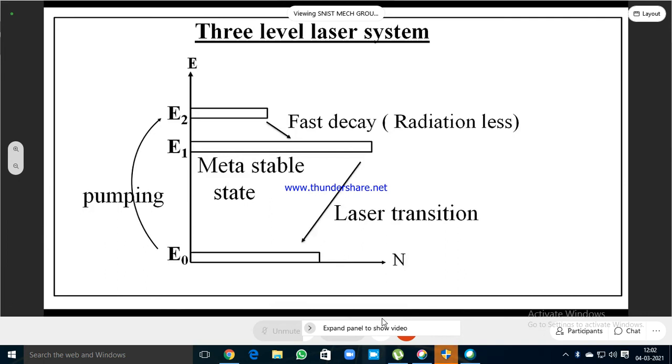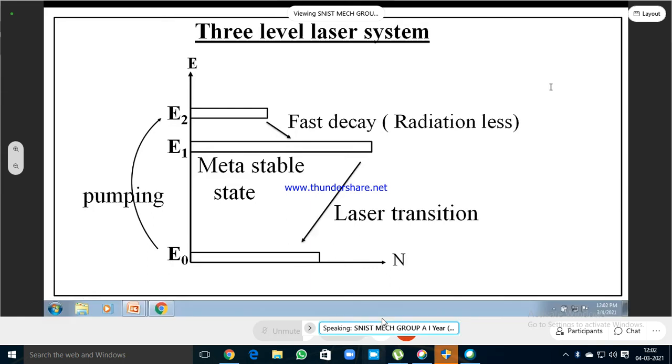With the two energy states, is it possible to get the laser radiation? Yes, if stimulated, metastable, no, metastable also, yes, the stimulated emission, no meta state also there.